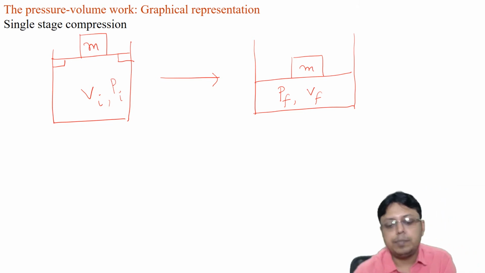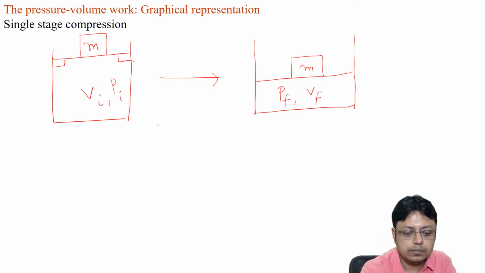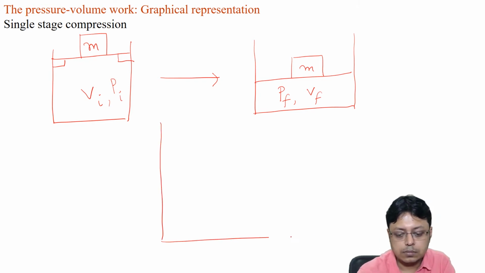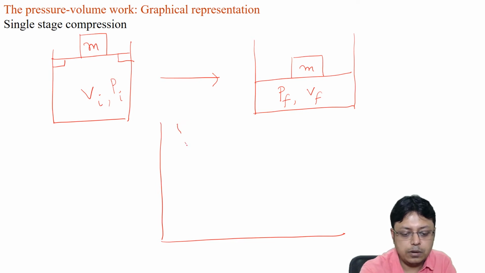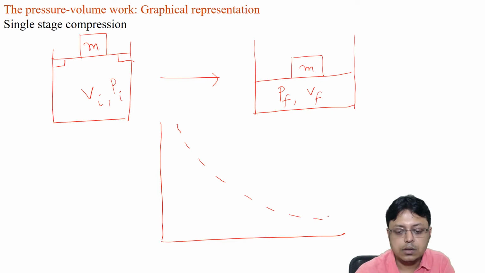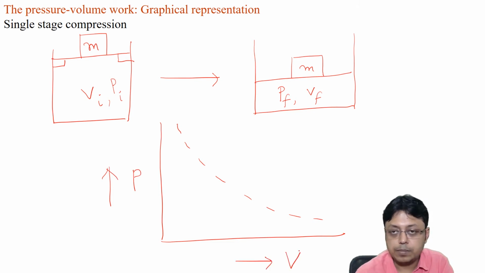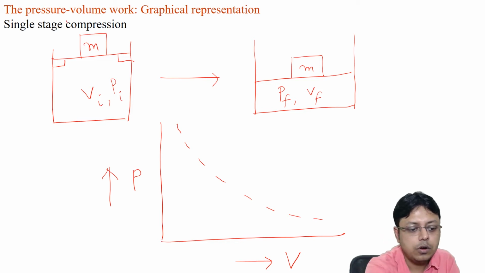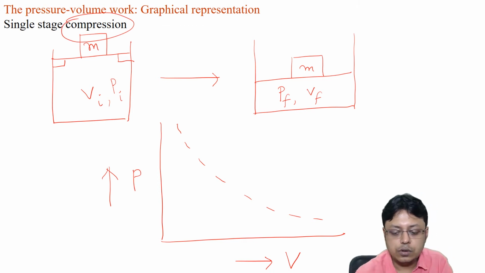Now how will you represent this entire situation on a PV isotherm? So just as before, let us consider this isotherm that the gas follows, because the gas we chose is an ideal gas. This is a pressure versus volume curve for a fixed temperature. Now here, think about it, the initial volume was higher because we are talking about compression. So VI will be somewhere here.